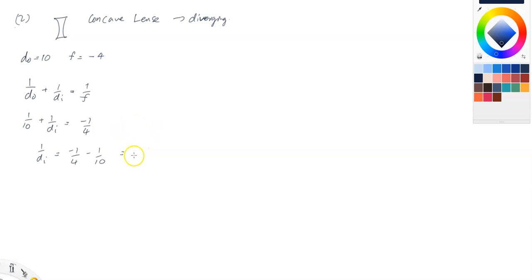So let's take 20 as the common denominator, negative 5, negative 2, DI is negative 20 over 7.